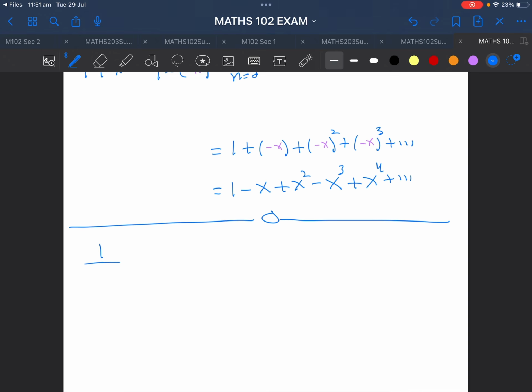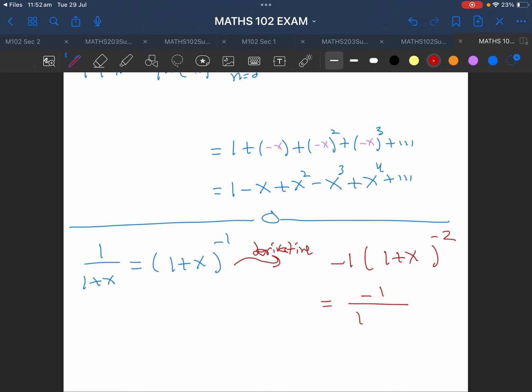One of them is you can just write it as power negative 1. Now, the derivative will be negative 1 to the negative 2, and here you write 1 plus x, which is the same as negative 1 over 1 plus x squared.